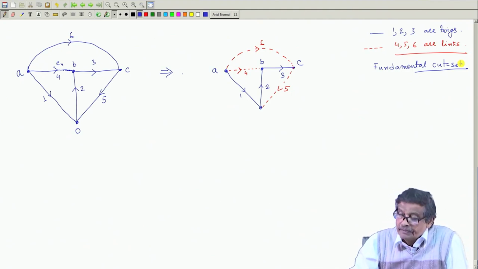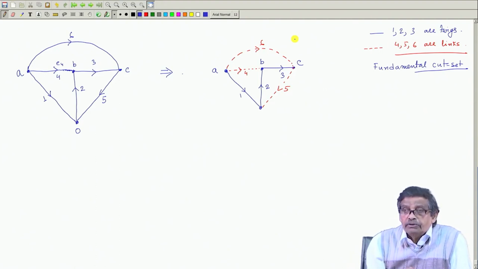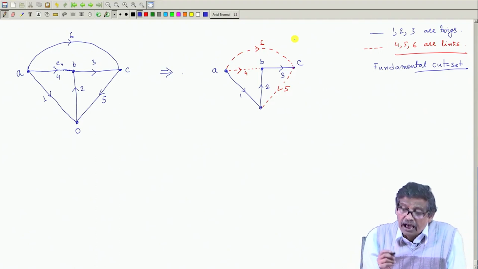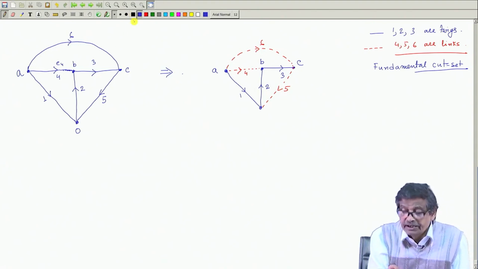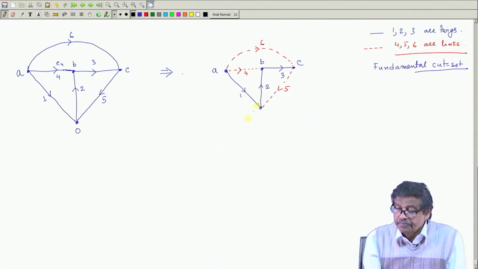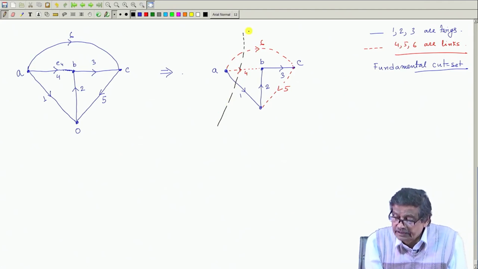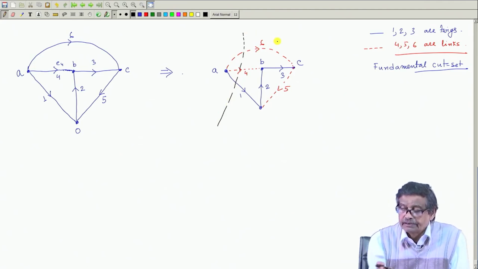So, I will divide this network into 2 halves, so that there will be only one twig present. For example, I will divide this by a line like this. Take a scissor, think I have divided this line.